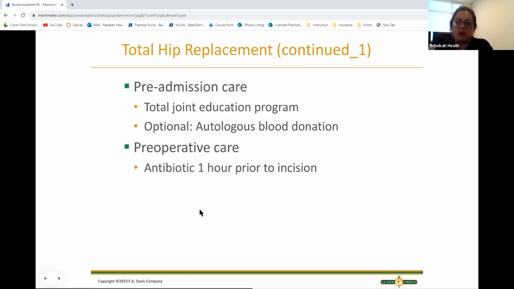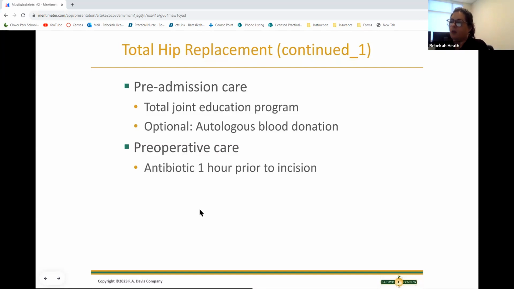Infected joints are just a mess, and there could be complications from infection. So one of the preoperative things is making sure people have a clean bill of health from their dentist before they're cleared for surgery. So there's a lot of things that go into preparing the patient for surgery.